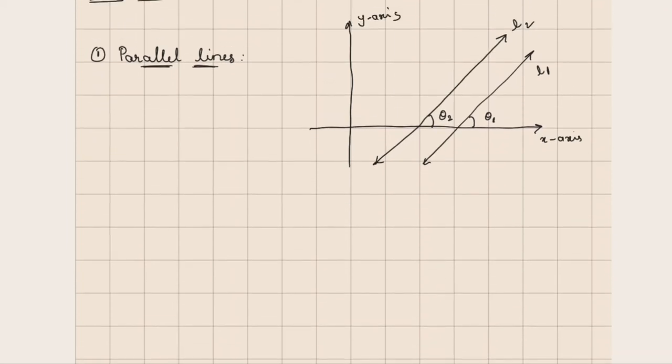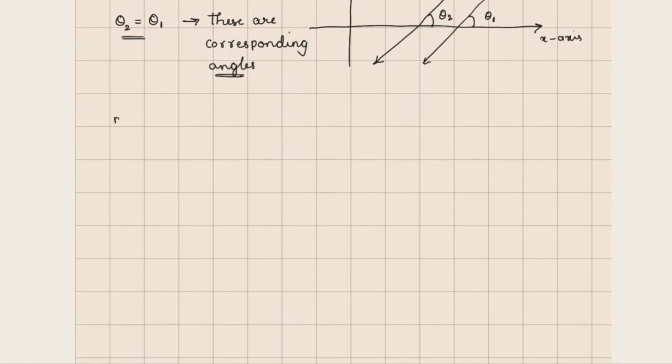As lines L1 and L2 are parallel, we can say that theta 2 equals theta 1, because these are corresponding angles.